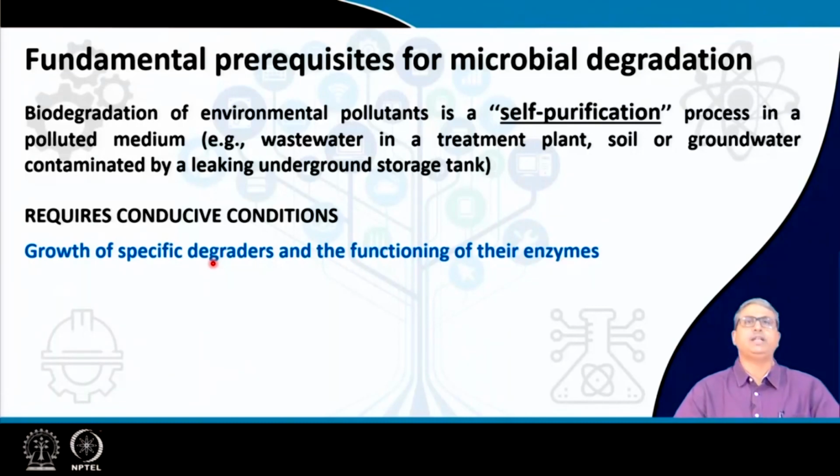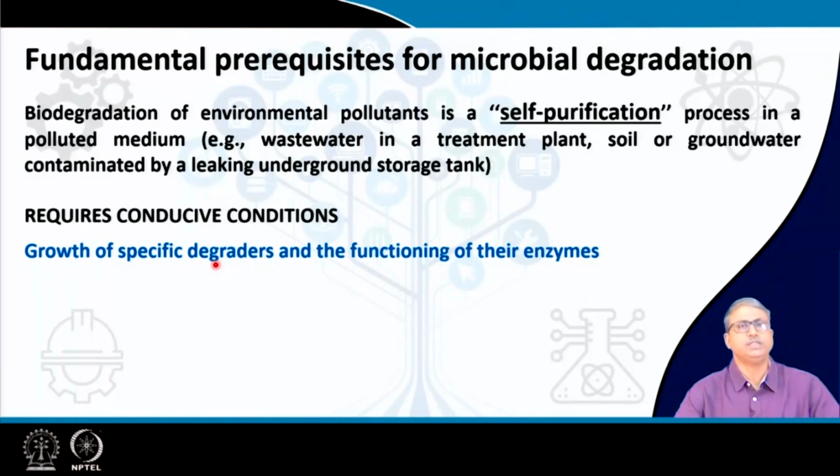Now, we have already learned two terminologies. One is the engineered bioremediation and another is the natural attenuation. So, if we quickly recap the concept of natural attenuation, the organisms who are there in the contaminated site itself are allowed to work on the pollutant molecules and they lead to the degradation and the remediation to be achieved.